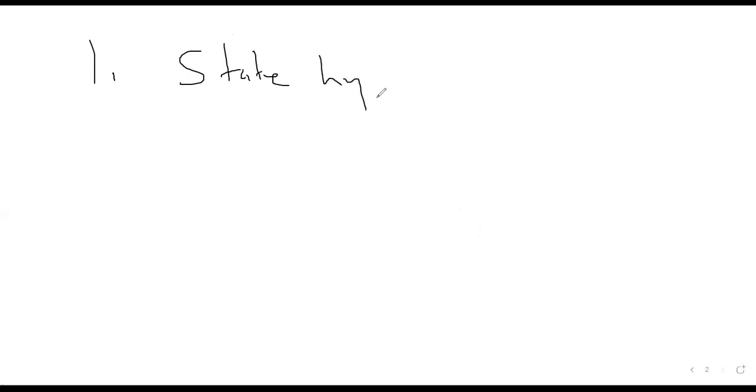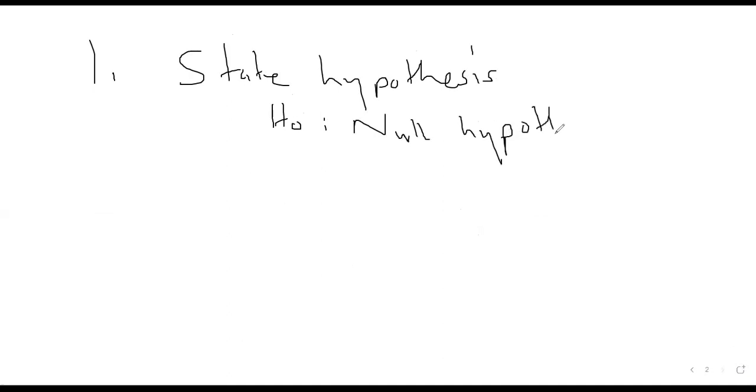We have what we call a null hypothesis and the alternative hypothesis. The null hypothesis is always denoted by H0. This is called the null hypothesis. And we also have the alternative hypothesis, which is denoted by H1.